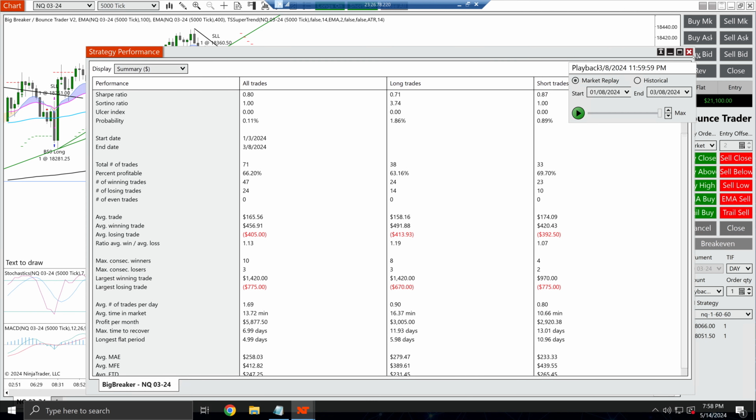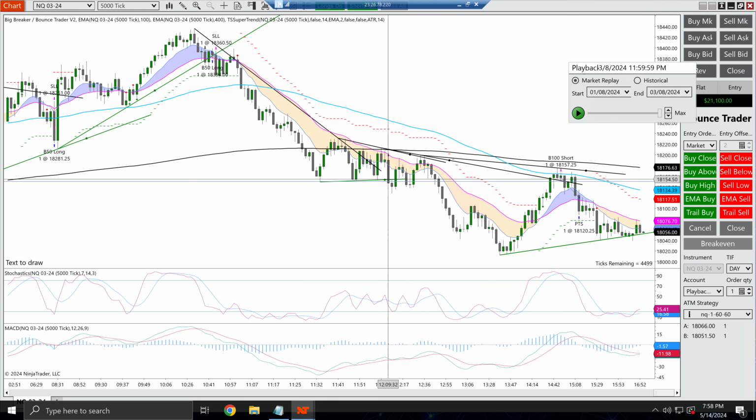So that tells you the idea behind this big breaker algo is to find the most consistently profitable patterns, even though they happen rarely or not as often, but still to include them.